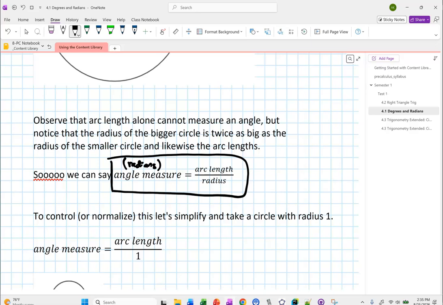Typically what we want to do is normalize it. Normalize is the fancy math term for make this simpler. So the way we do that is we say, what if we're just working with a circle of radius 1? So this radius just turns into a 1. We're just going to use a circle with radius 1. Everybody's okay?